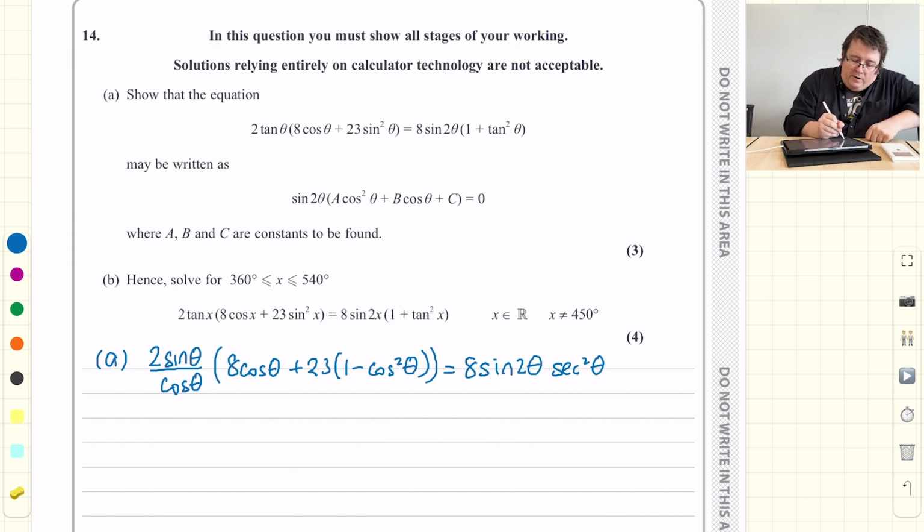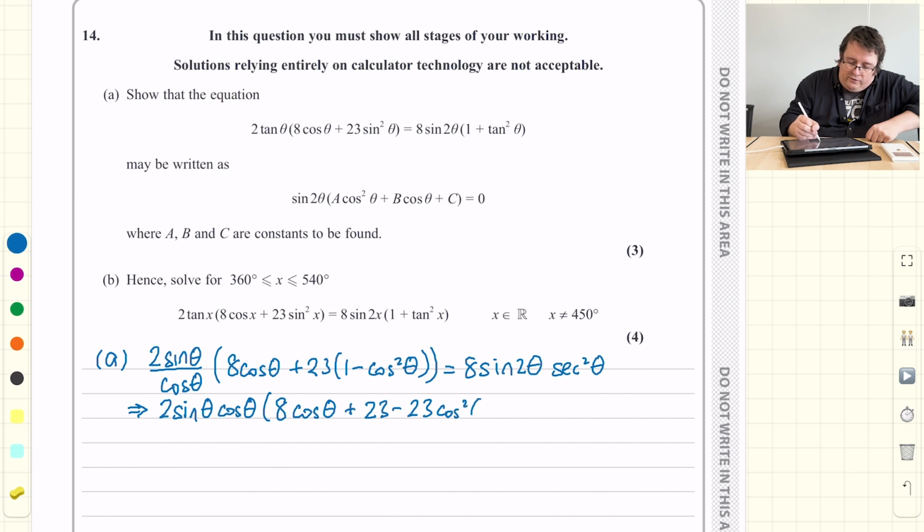So if I multiply both sides by cosine squared, then one of the cosines is going to get knocked out by that 2 sine theta over cosine theta, and I'm going to get left with 2 sine theta cosine theta, 8 cosine theta, multiply out the bracket, 23, take away 23 cosine squared theta is equal to 8 sine 2 theta.